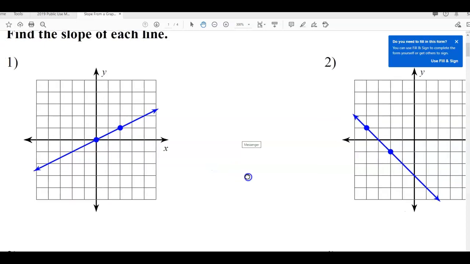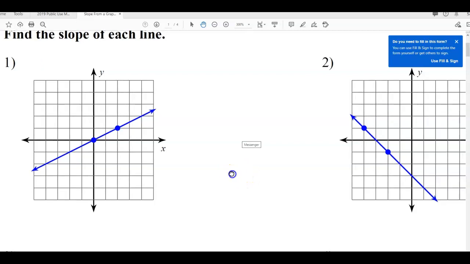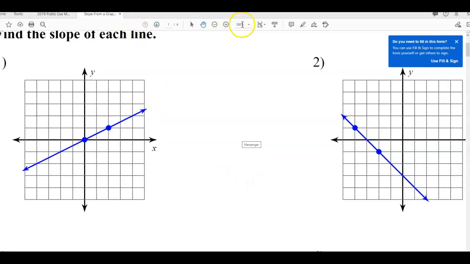Can you guys see both of those okay, or do you want me to zoom into one? Please try to find the equation of those lines.